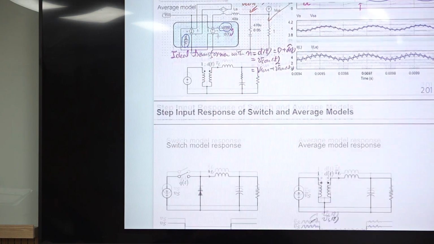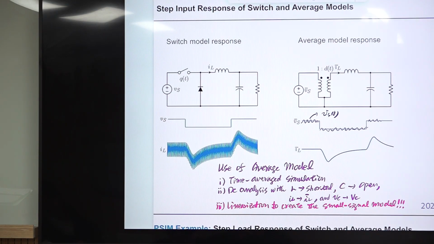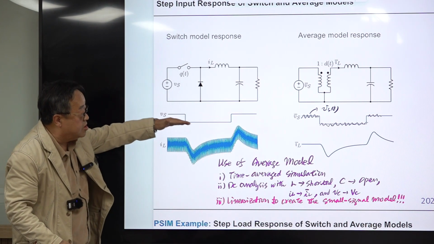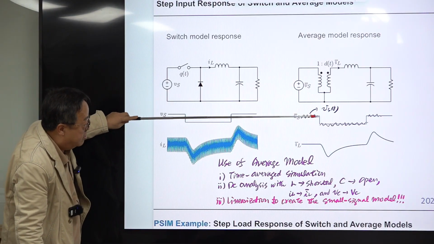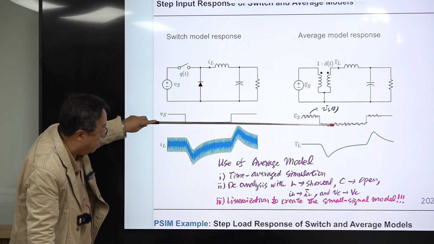All right. So, step input response of the switch model and the average model. So now you know this. This is the response of the switch model with this step. Vs was constant here, and I used the same input voltage waveform like this solid line.